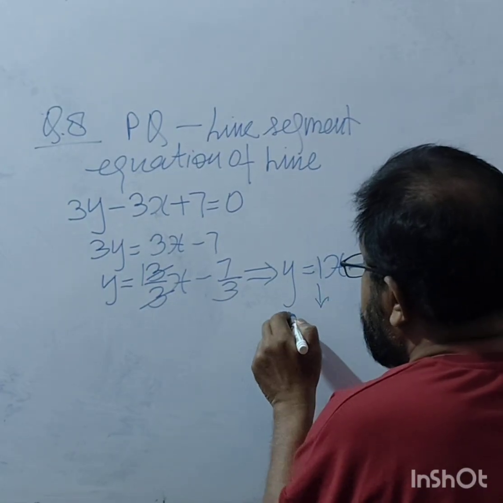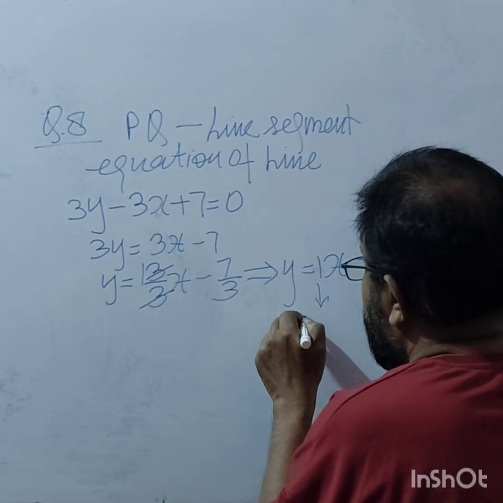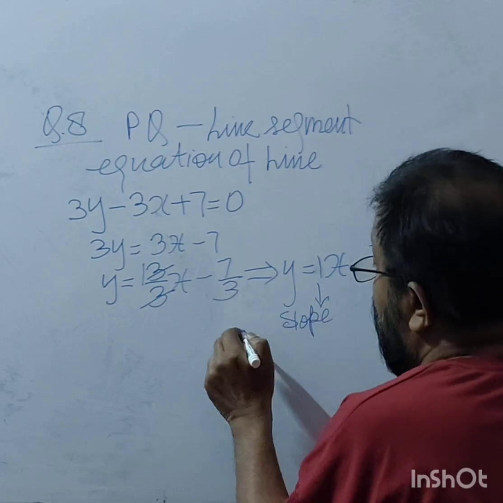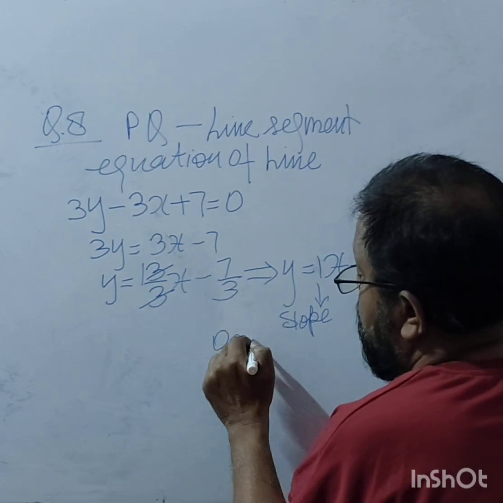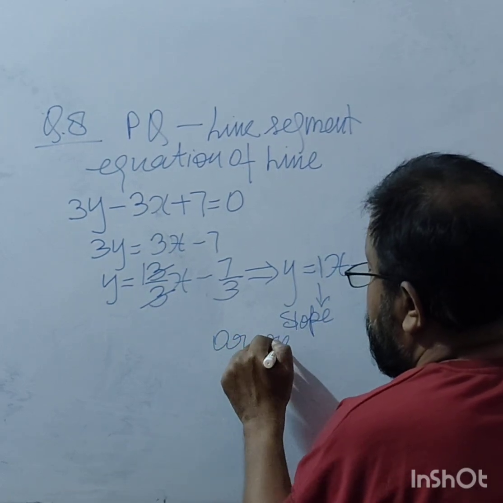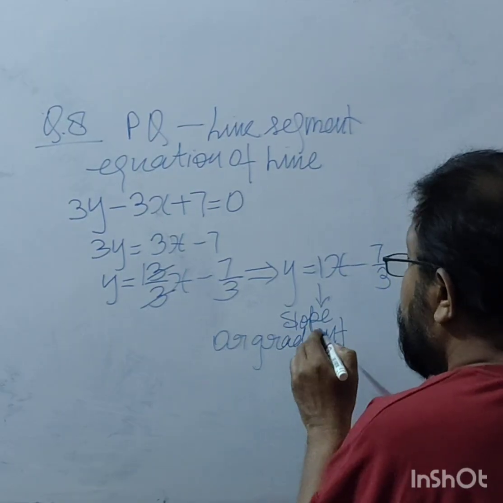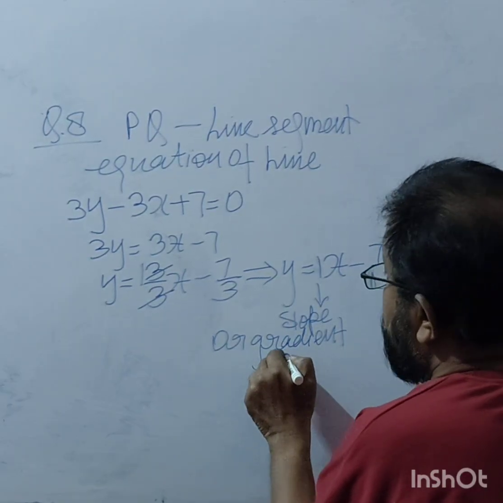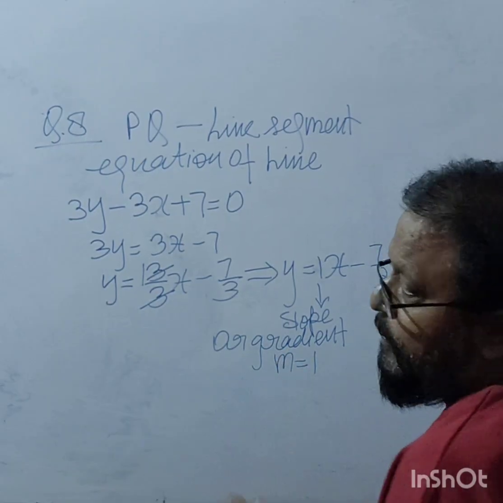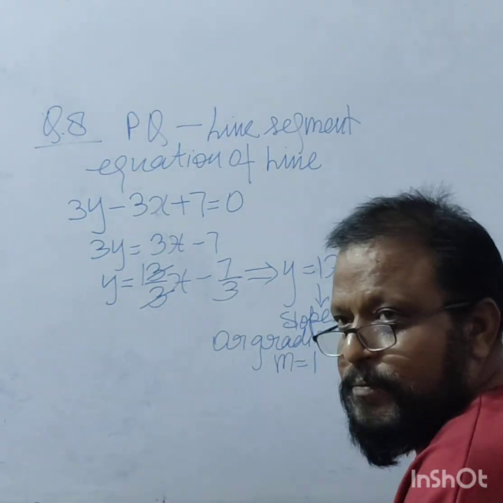So slope, and gradient, m is equal to 1, right?